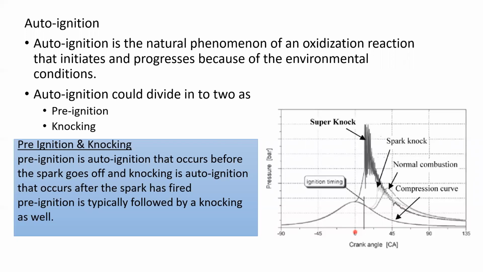engine. If for some reason this ignition goes wrong, and there are a lot of reasons for that, one good reason is too hot spark plugs. If the spark plug is too hot, it has to be cooled. We have what are called hot plugs and cold plugs.